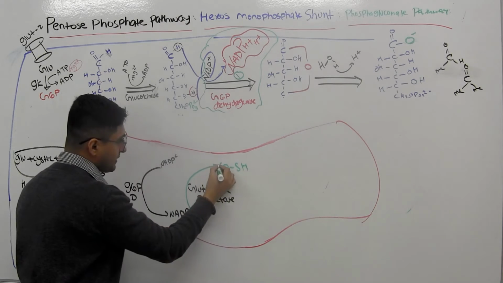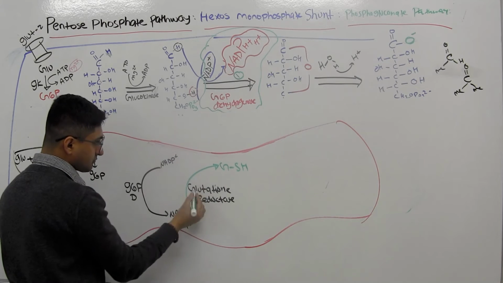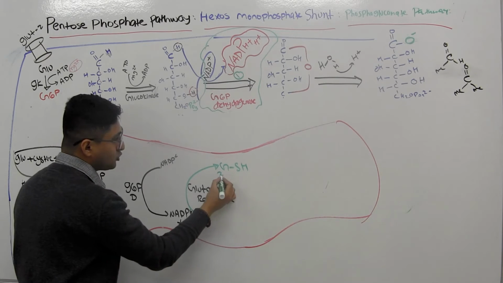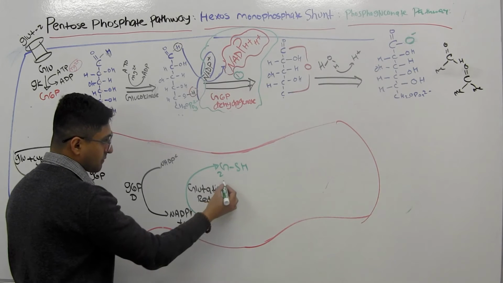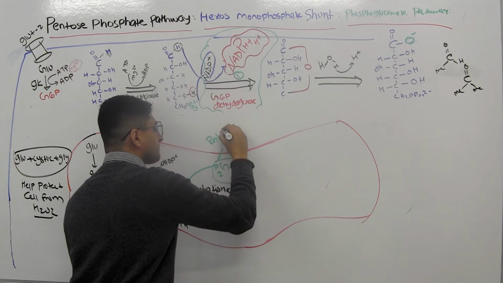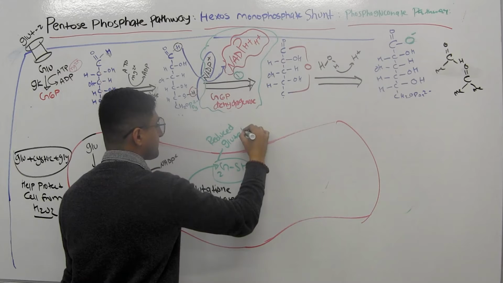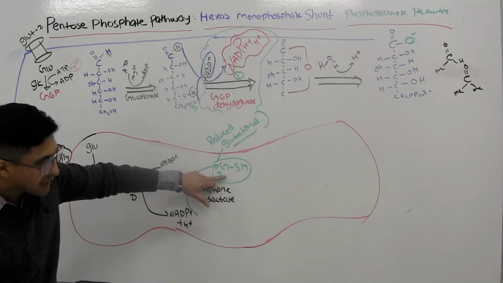What it basically means is that, because it's taking from here and giving to this guy, you're going to make 2 GSH, right? From there plucking out. So this is my reducing agent now. What is this called? This is called my reduced glutathione.